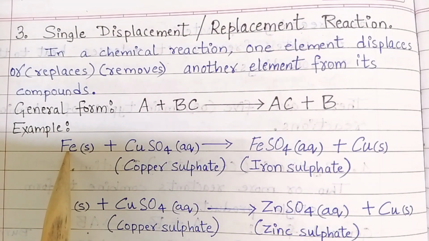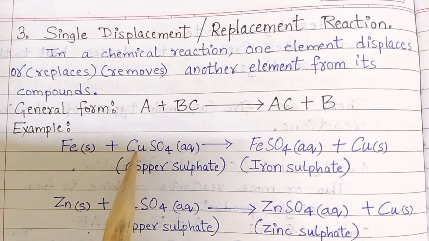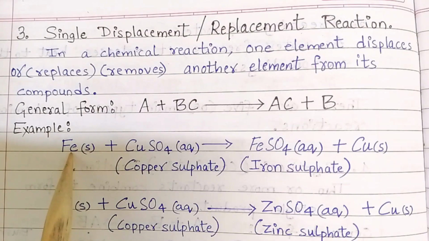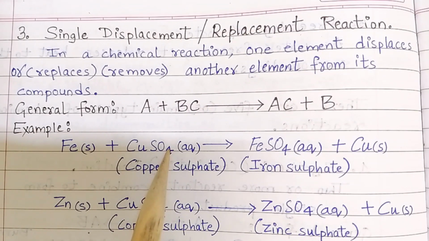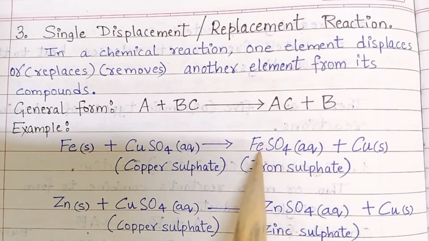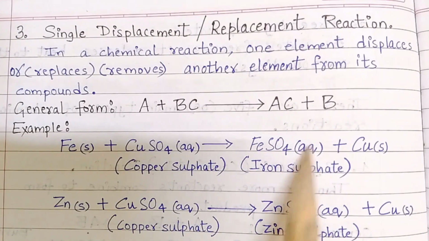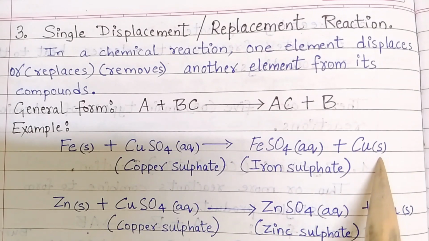So here iron replaces copper from copper sulfate, and in the products we get iron sulfate, FeSO4 aqueous solution, plus copper solid.